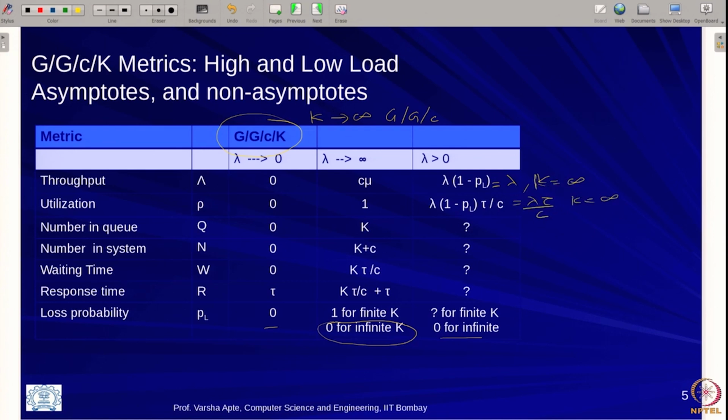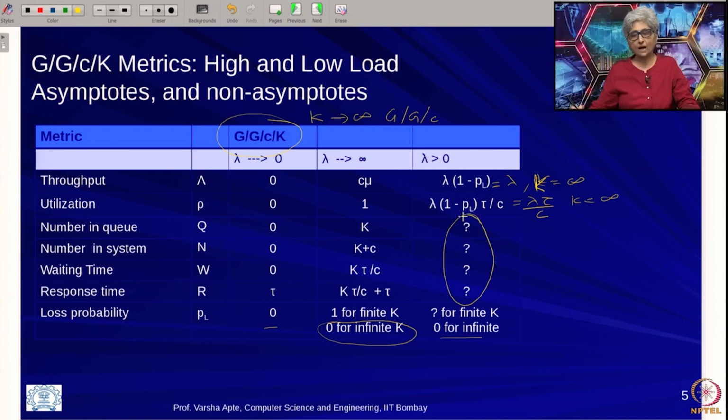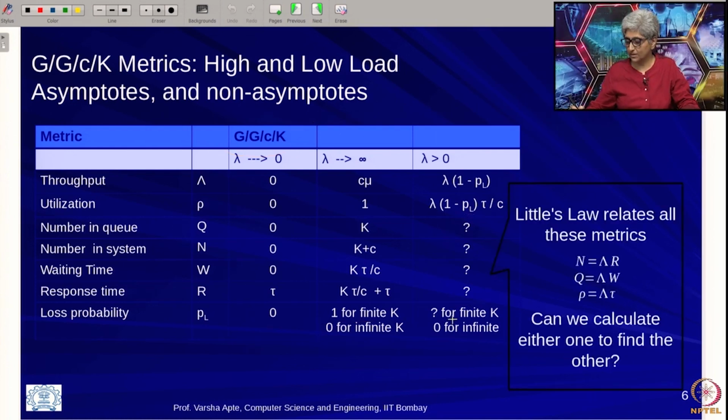So, all of these have nice values, but all we really have is some relationships between these. In the last 1 or 2 lectures we have been studying Little's law, and we have done some examples and a case study for it. We can relate the number of customers and response time, and the number in queue and waiting time.